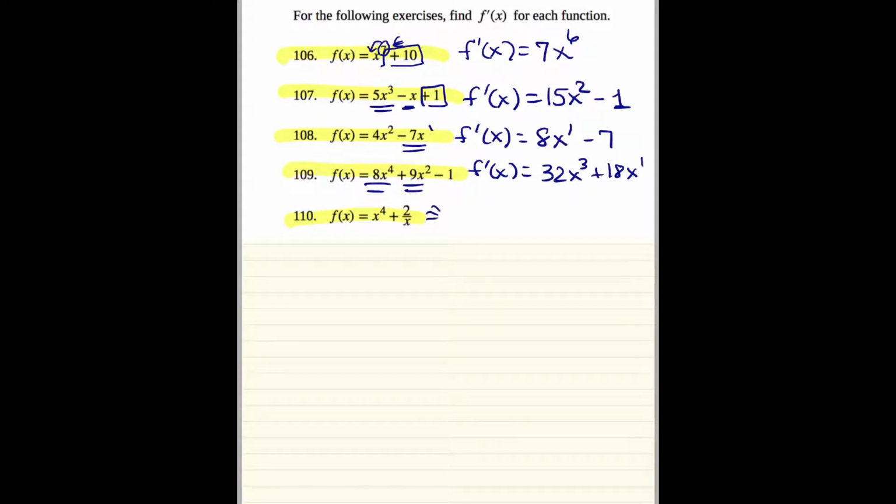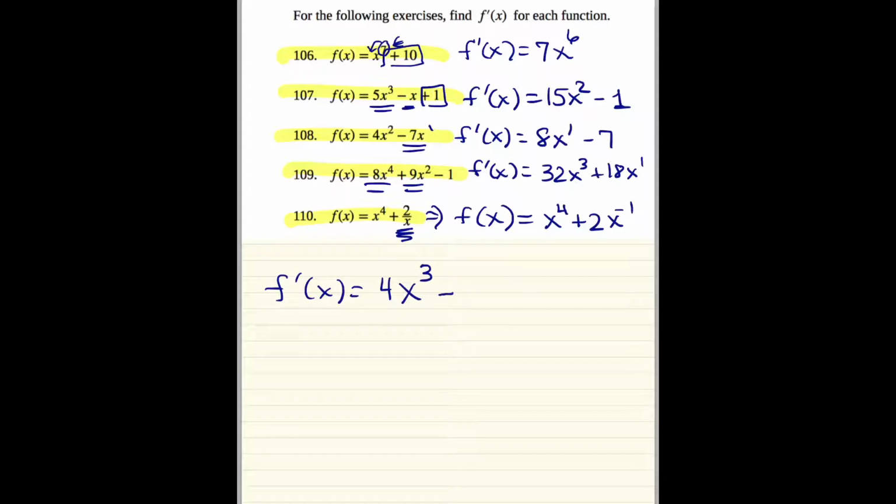This guy here, before I do that, that looks like a quotient, but because in the denominator there's a monomial, what I can do is rewrite this. So I'm not going to put f prime just yet. I'm going to call this x to the fourth plus 2x to the negative 1. And now I will take the derivative of that. To take the derivative, it's going to be 4x, reduce this by 1.